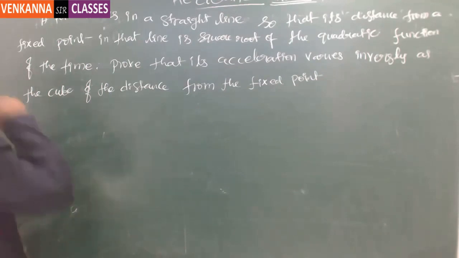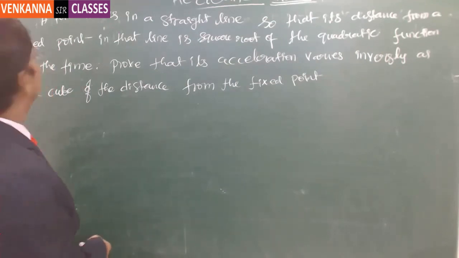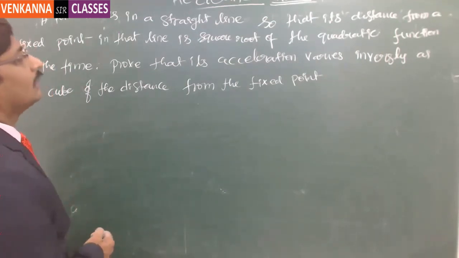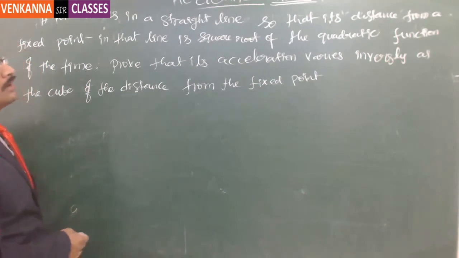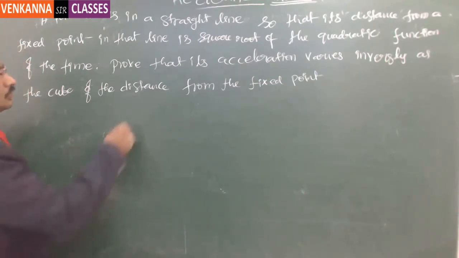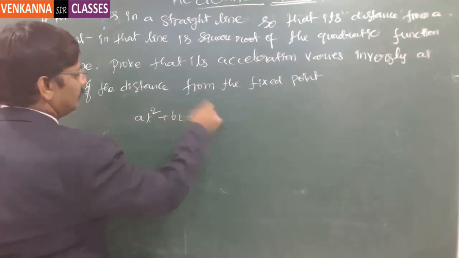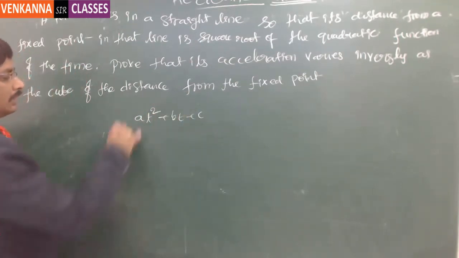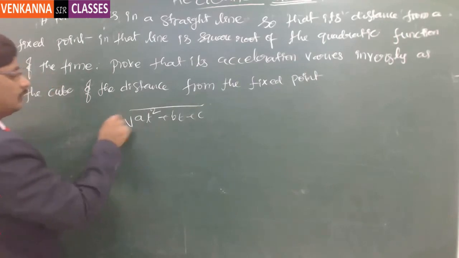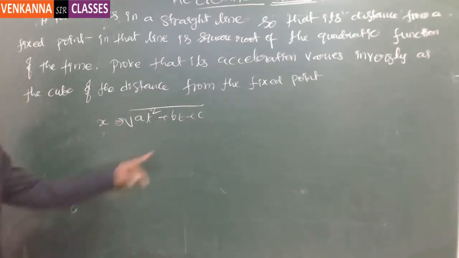See this? So what he said was, a point moves in a straight line so that its distance from a fixed point in that line is the square root of a quadratic function of the time. So the quadratic function of time is at square plus bt plus c, and this is equal to x, the square root of it.